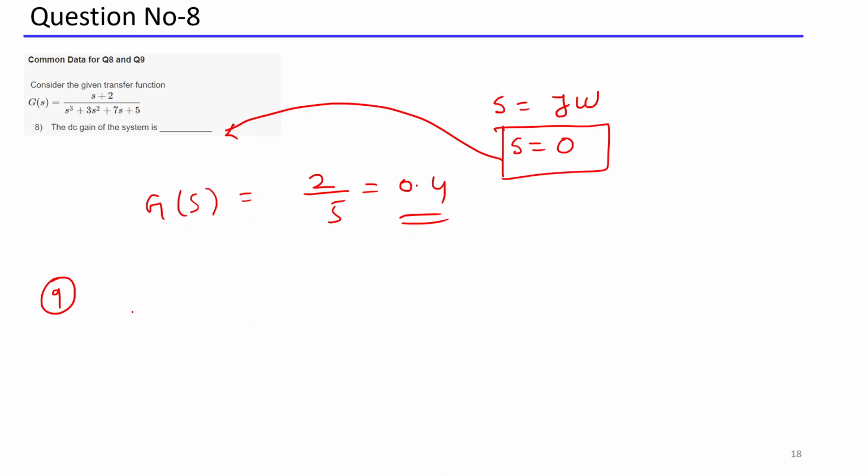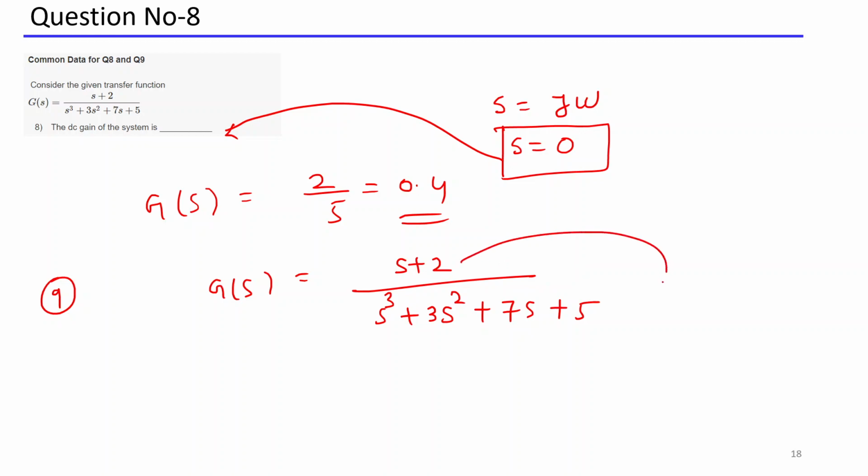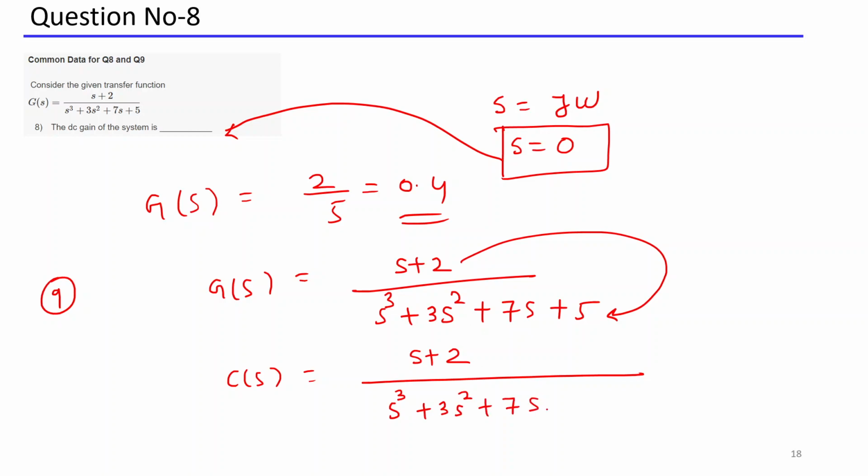For question number 9, it is given that G of s equals s plus 2 divided by s cube plus 3s square plus 7s plus 5, an open loop transfer function. You need to find the closed loop transfer function for a unity feedback system. So you add the numerator s plus 2 in the denominator. Your closed loop transfer function becomes s plus 2 divided by s cube plus 3s square plus 7s plus s plus 5 plus 2.